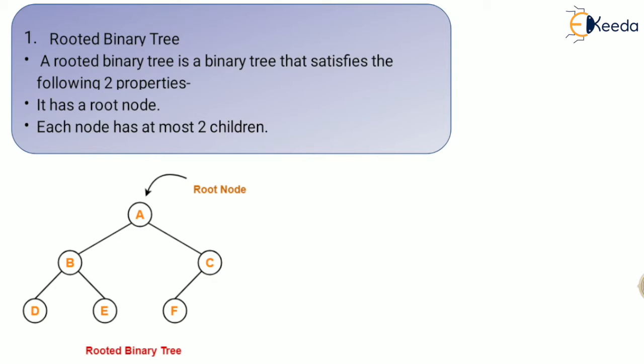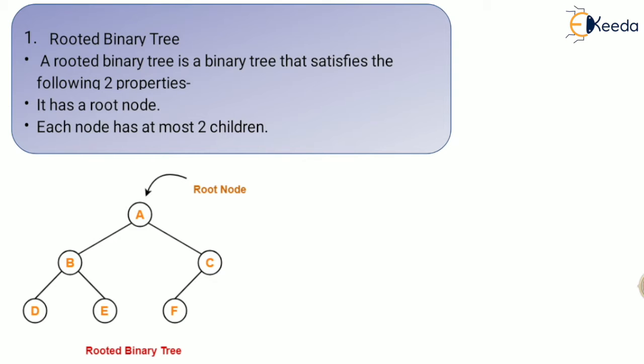If the tree is having beyond two children in one tree, that is not called a rooted binary tree. One child or two children to any node is to be considered. Beyond that, it is not considered a rooted binary tree.